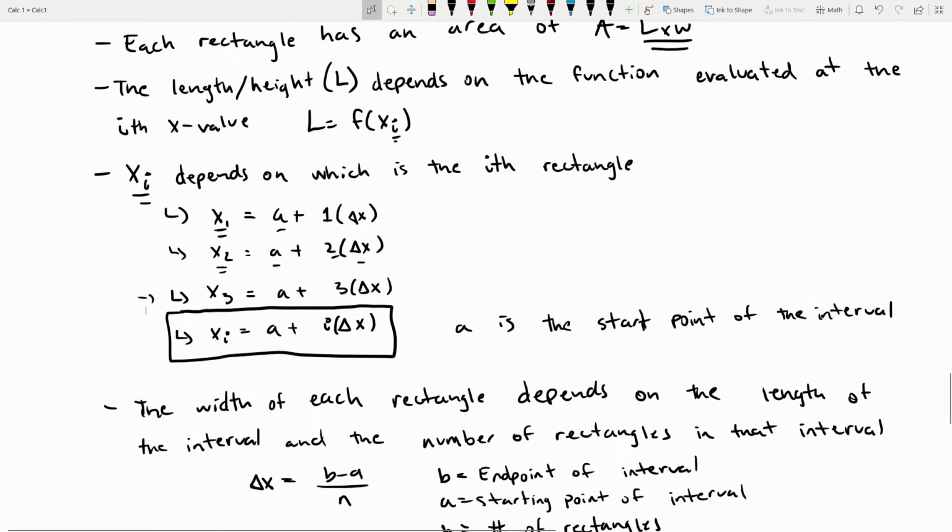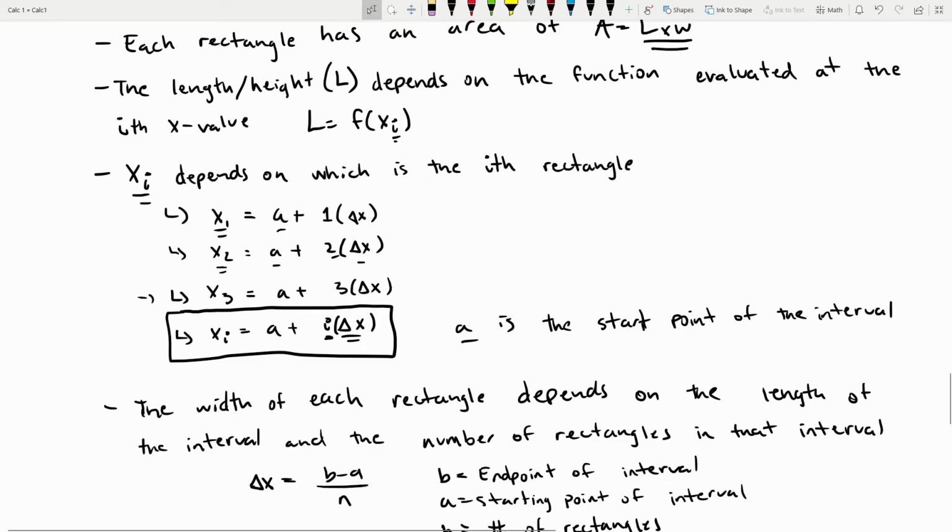However, the general formula for the ith x is the start point plus i times the width of the rectangles, basically skipping over i rectangles before it. If we want to go to the fifth rectangle, then we're going to multiply 5 times the width of each rectangle, and then we're going to add on this starting point of where we started. And like I said, a is the start point of that interval.